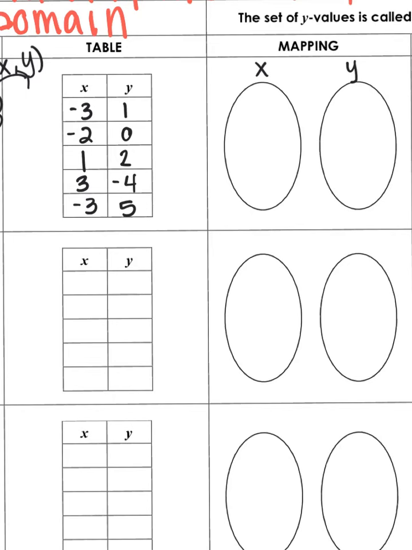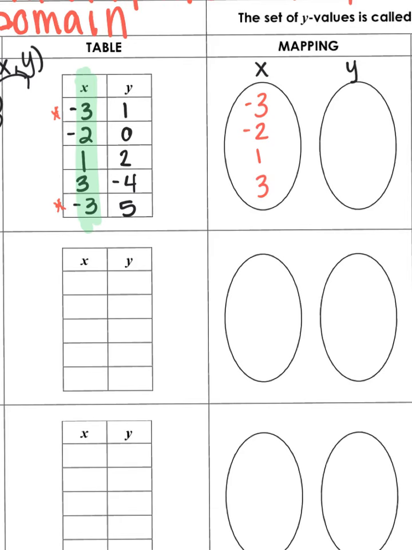So we're going to look at the table, and we're only going to look at these x values. Now we're only going to write each one once. So if you can see, we have -3 written twice. We're only going to write that -3 one time, and then -2, and then 1, and then +3.